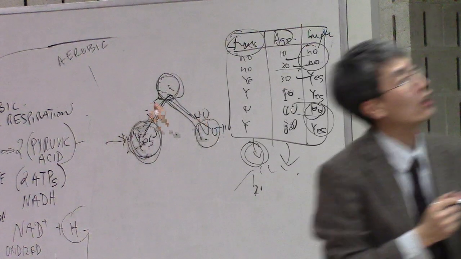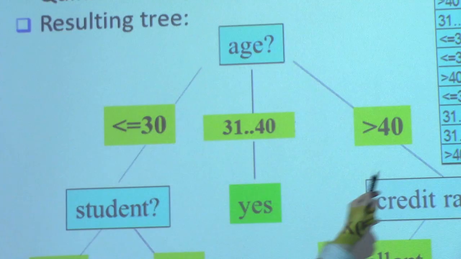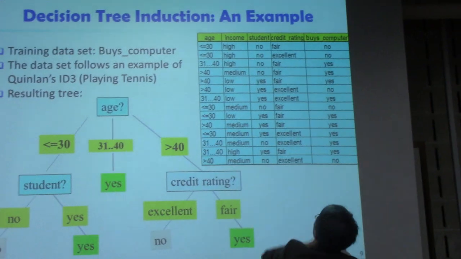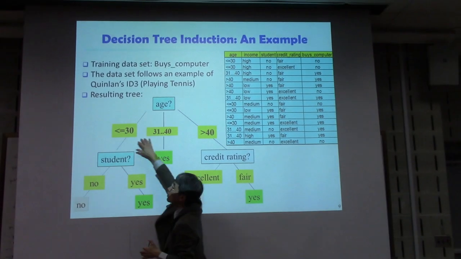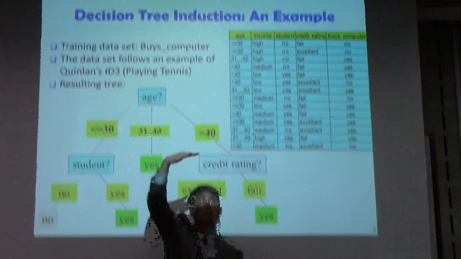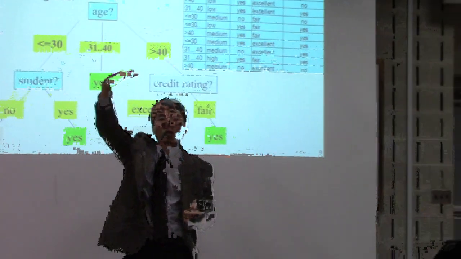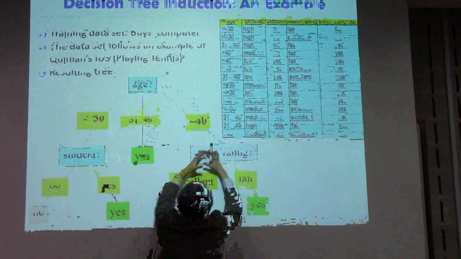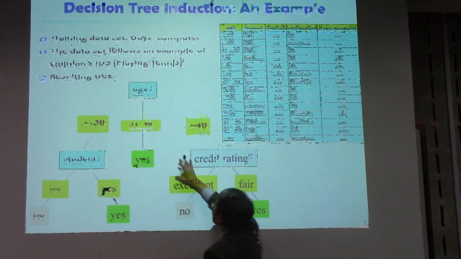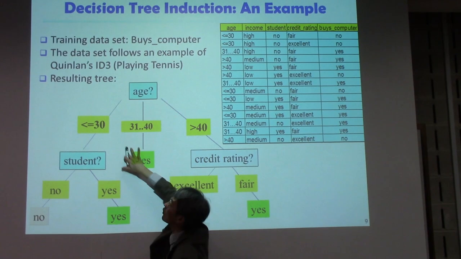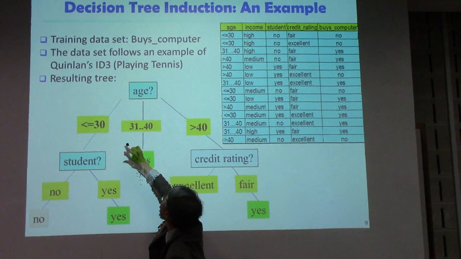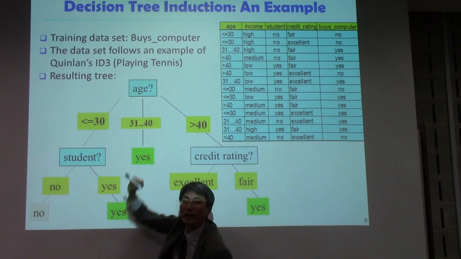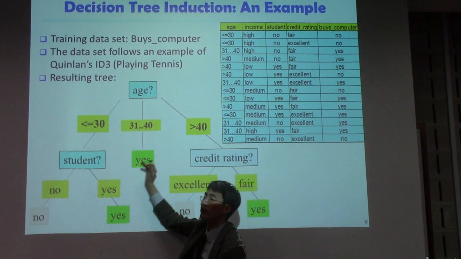So in this case, among age, income, student, and credit rating, age has the highest purity. It's classified like this: this group, this group, this group. Clearly, the 31 to 40 age group is always yes.